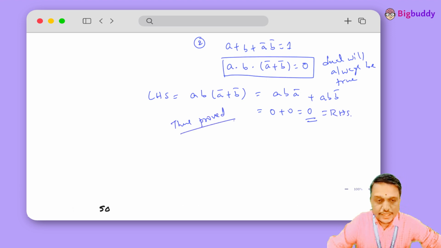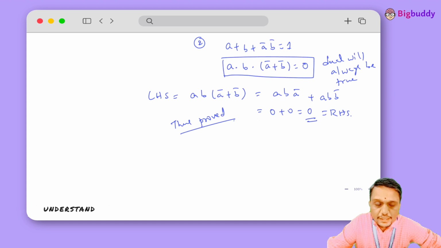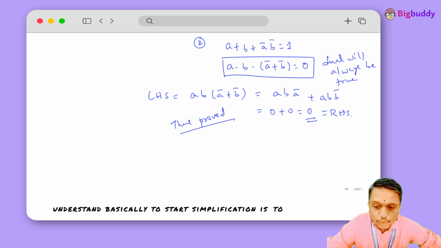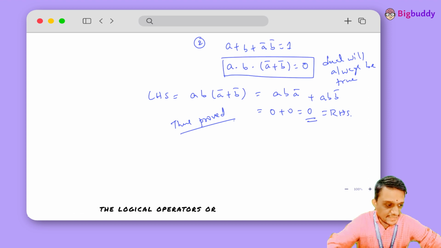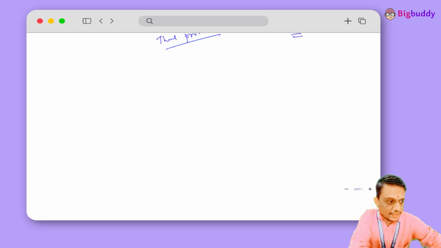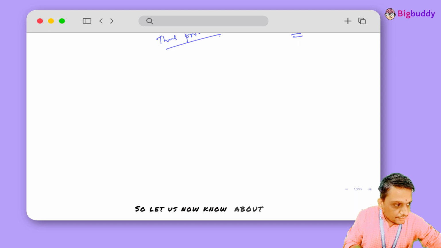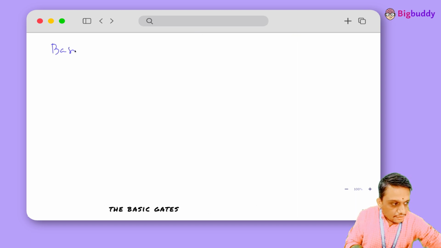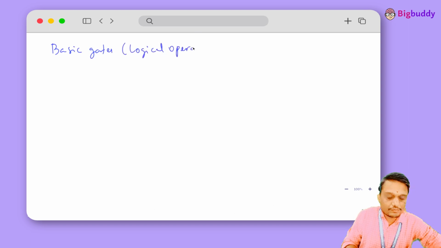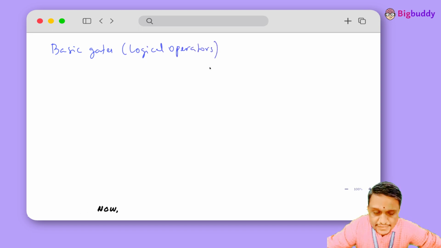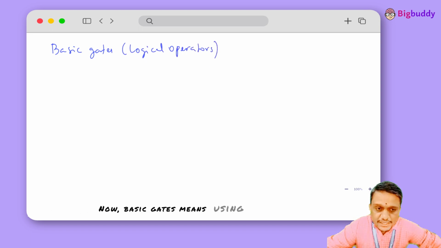Okay, so now the next thing we have to understand, basically to start simplification, is to know about the logical operators or the basic gates. Basic gates means using these gates we should be able to construct every other gate.